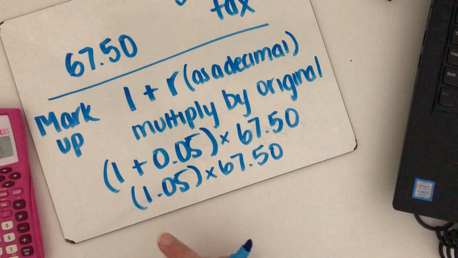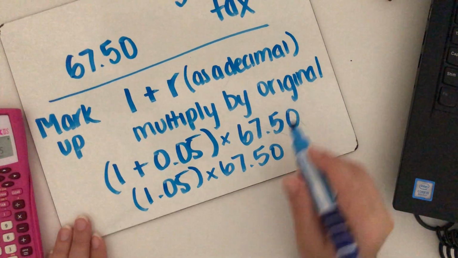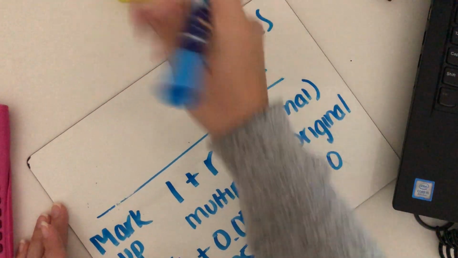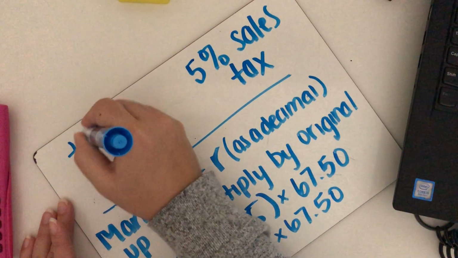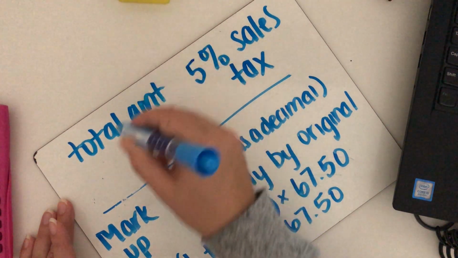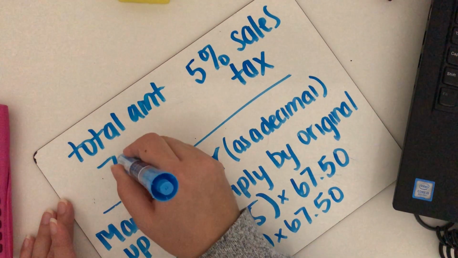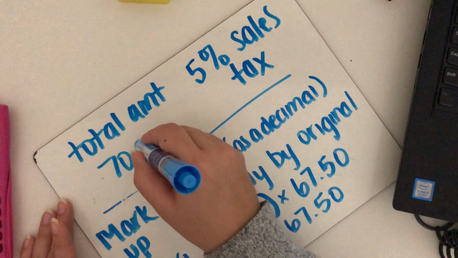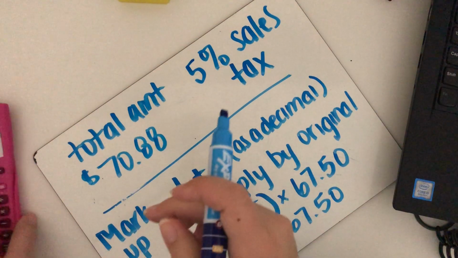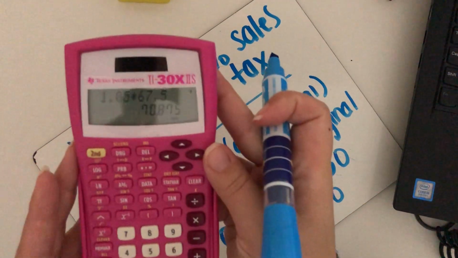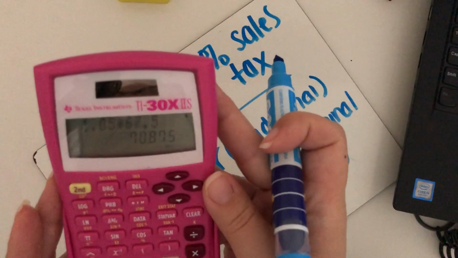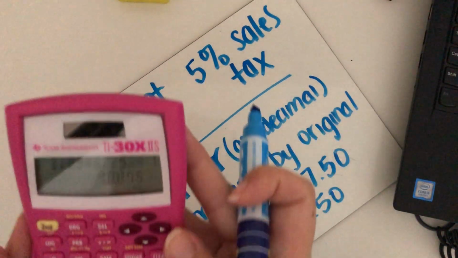That's going to give me a new total of, and I'm going to erase up here, so my new amount, or the total amount paid, is going to be $70.88. If you notice in my calculator, hopefully you can see it, it says $70.875.